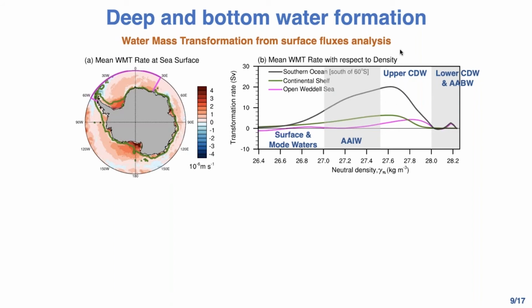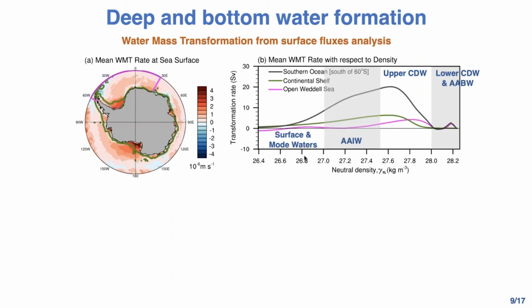So I added some labels: waters with these densities are lower CDW and Antarctic bottom water, so the densest waters. Then there is upper CDW, which is still dense water, but it's above the bottom water. Then there are intermediate waters, and then the surface and mode waters that are basically above 500 meters, I would say 700 meters or so.